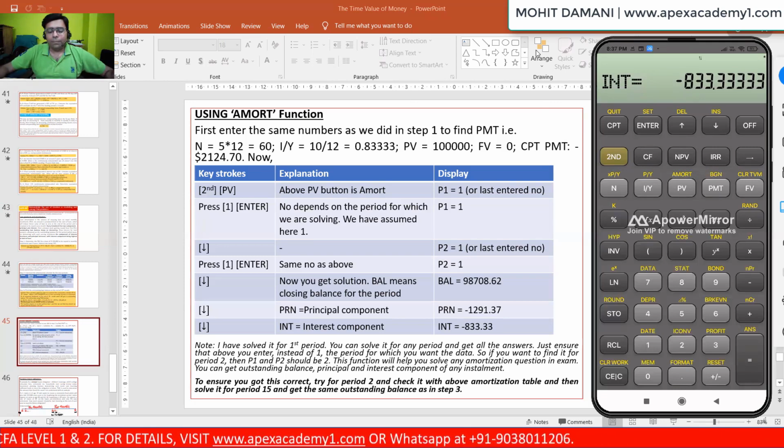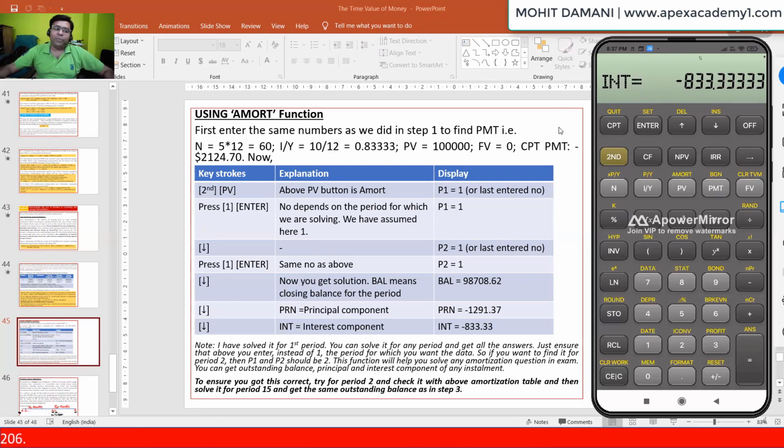So just a little question. Why are we entering two times, like P1 and P2? Yeah, actually the purpose of P1 and P2 was different, but I would have to take a separate example to explain that, and I don't want to derail, because that is not covered as part of CFA. So you will not have to use it.